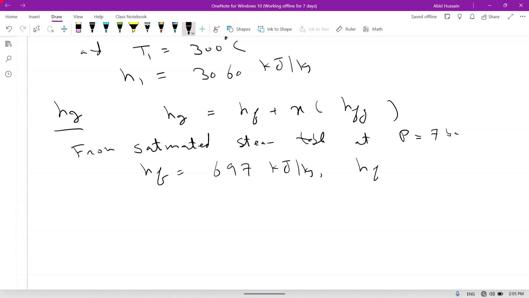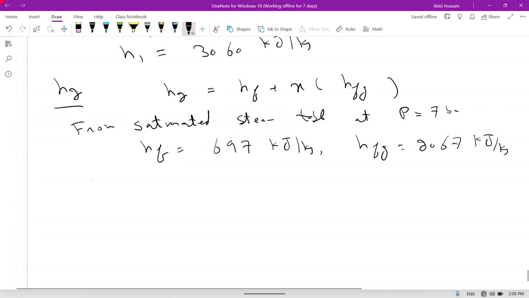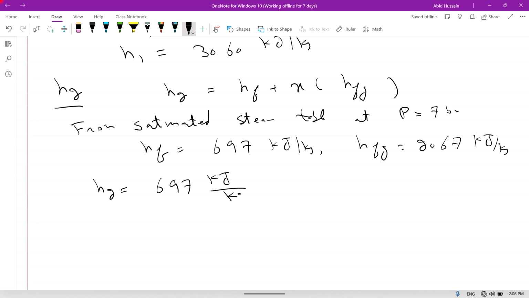and hfg is equal to 2067 kilojoule per kg. So h2 is equal to, putting values here, hf equal to 697 kilojoule per kg plus x, which is 0.9, multiplied by hfg, 2067 kilojoule per kg.